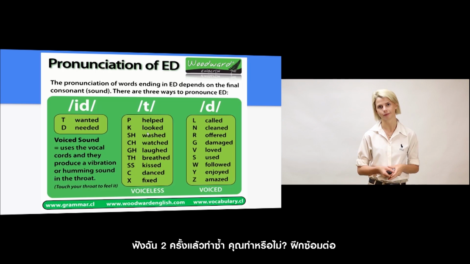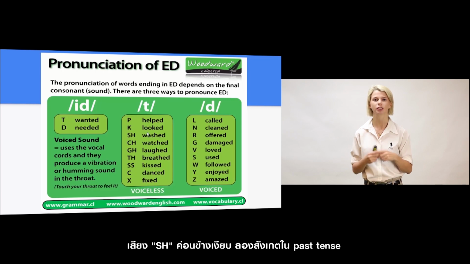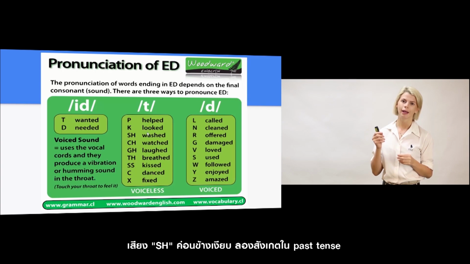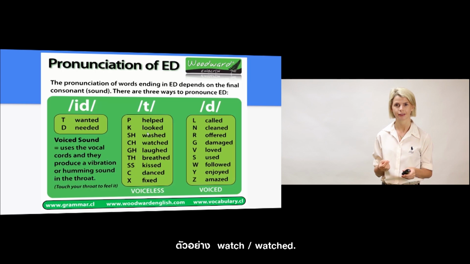One more example. Sh sound. SH. Together make sh. Shh, be quiet. If your verb ends in sh and you put it in past tense, it becomes sht. The example we have, wash.